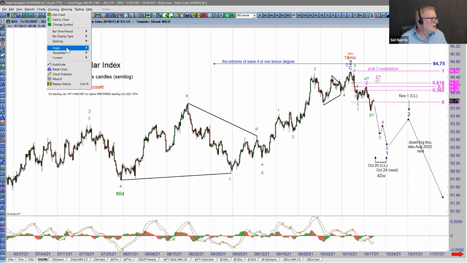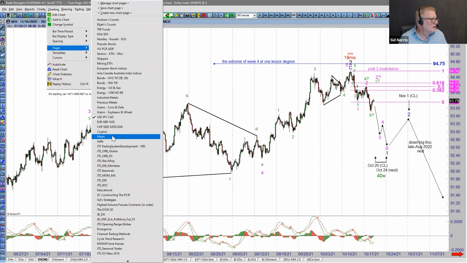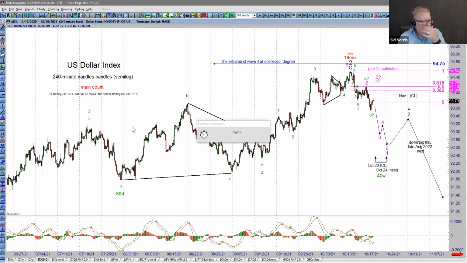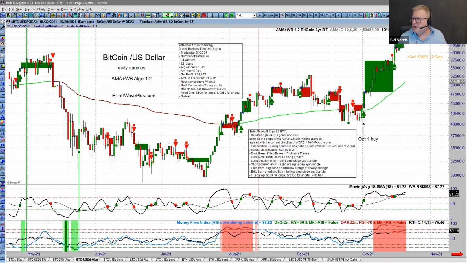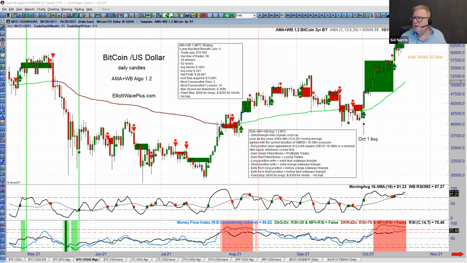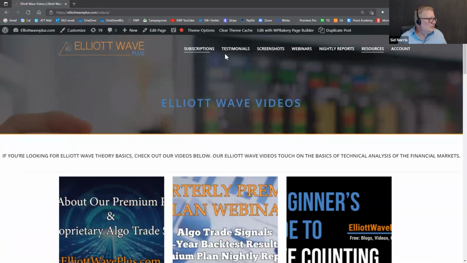Bitcoin has been rallying lately, and to be honest, based on Hurst, I wasn't really expecting this big of a rally recently, but Bitcoin is a very interesting case. I'm going to bring up the live chart, and I'm also going to go to my website and show you something I put in the screenshot.